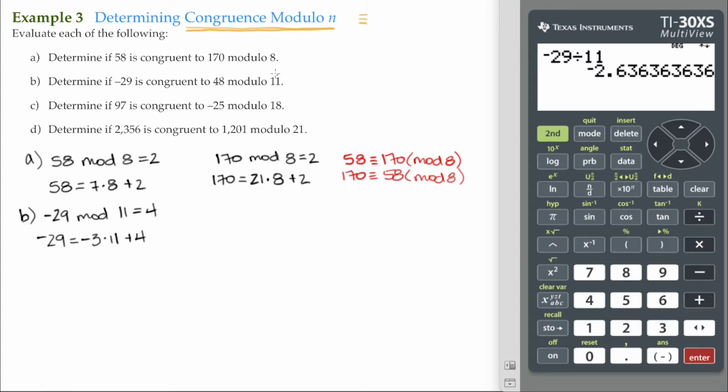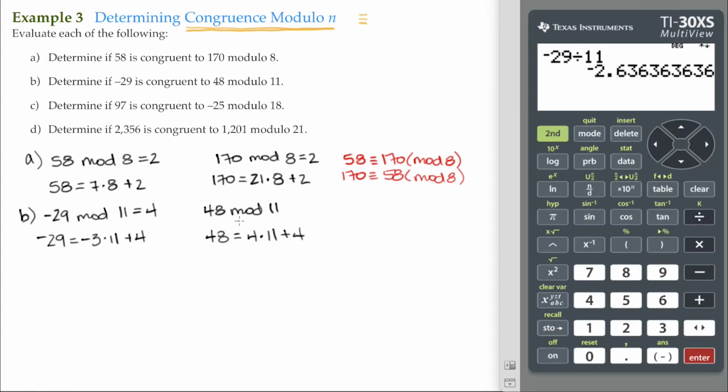We'll then do 48 modulo 11. Using the division algorithm, 11 goes into 48, isn't that 4 times, right? 4 times 11, that's 44.